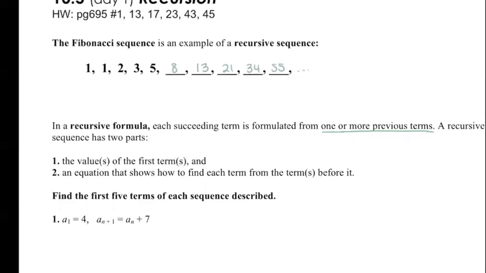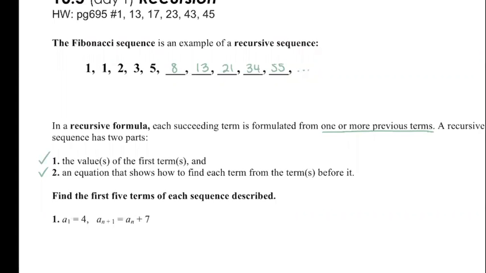There are always two parts to a recursive sequence. One is that you need the first few values, a starting point. And then the second part is the equation telling you how to use those previous terms to get to the next few terms.